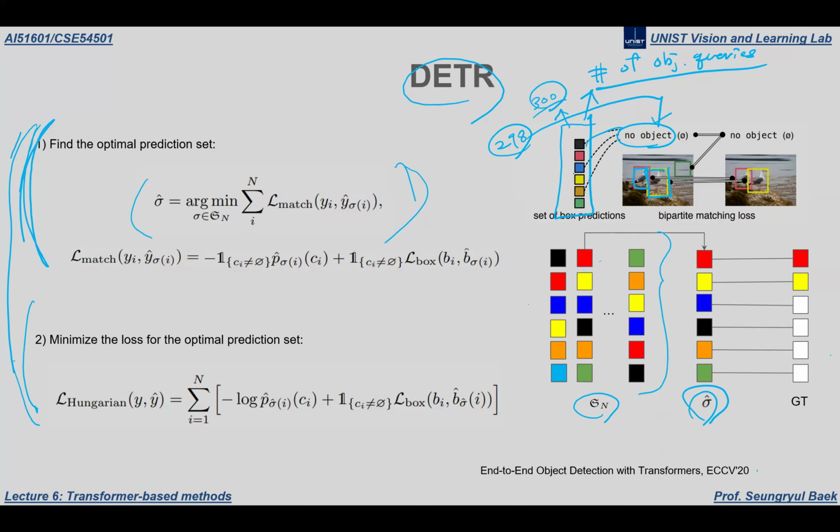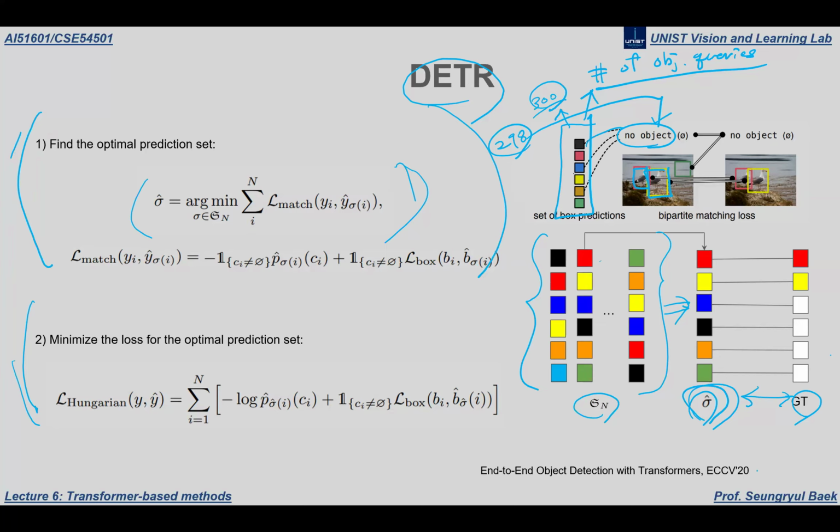We have to find just one optimal order, which will be best matched with the current ground truth. Okay, so that happens in the first stage.